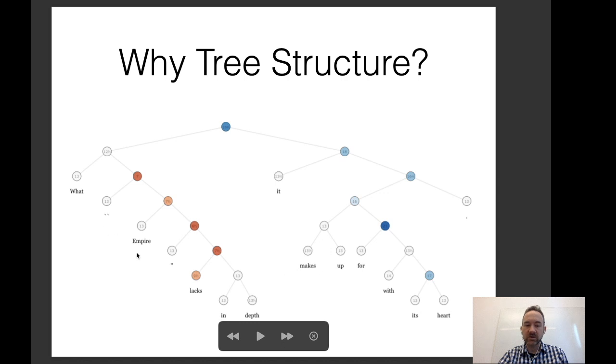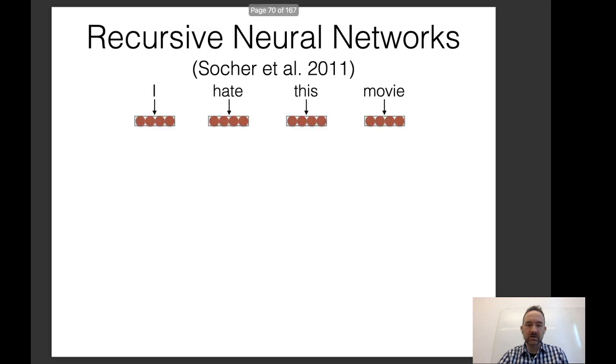And if you just looked at the words in the sentence, you might be thrown off by having a negative word somewhere in the sentence, despite the fact that the whole structure tells you it's positive. So this is just one example. There are many, many other examples of this in natural language.